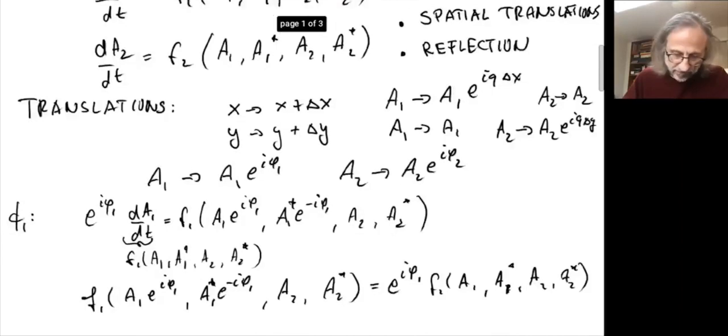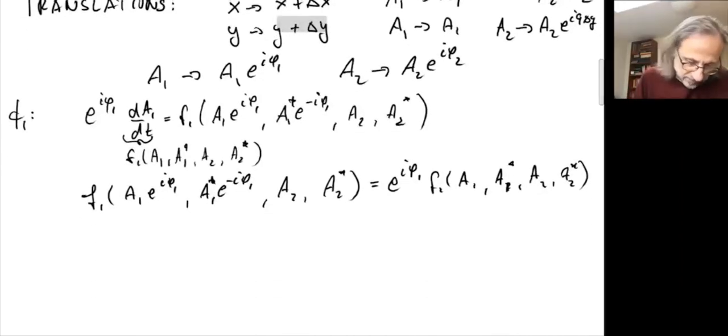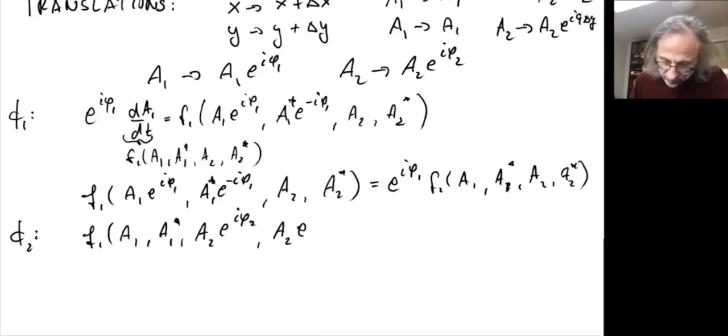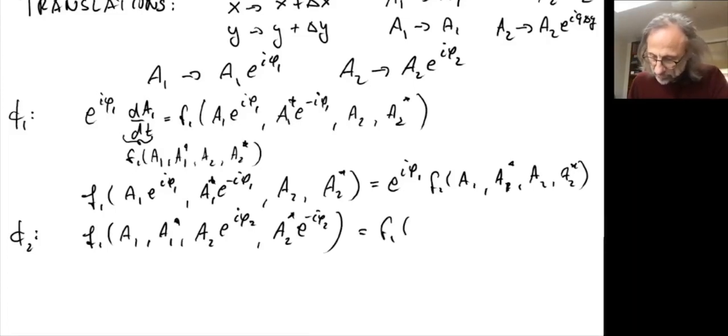And so therefore, if we implement the shift in Y, we have that F1 of A1, A1 star, and A2 being shifted by some phase, that has no impact. That just leaves F1 of A1, A1 star, A2, A2 star.